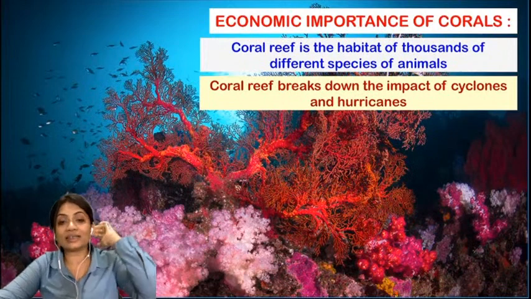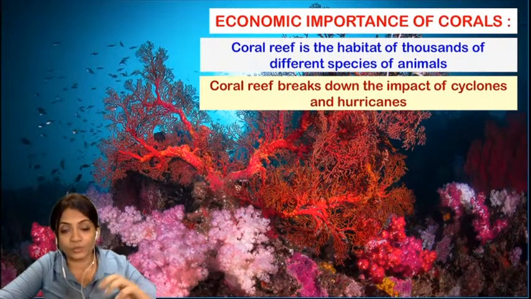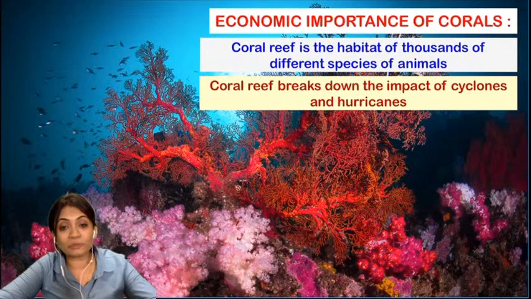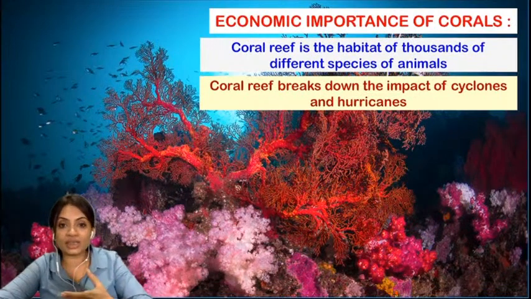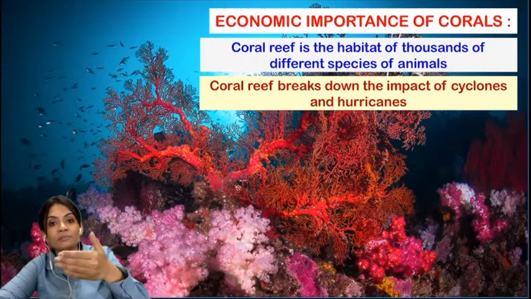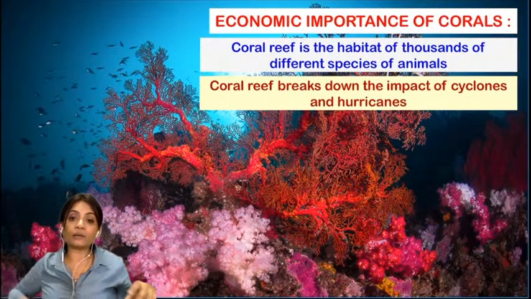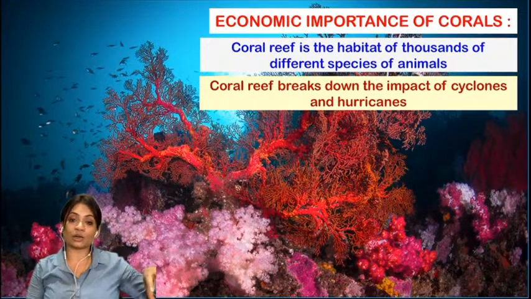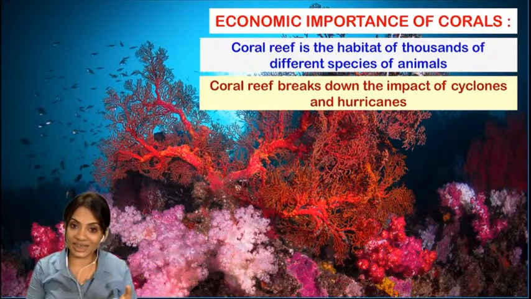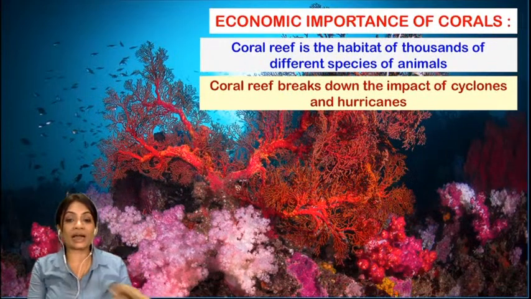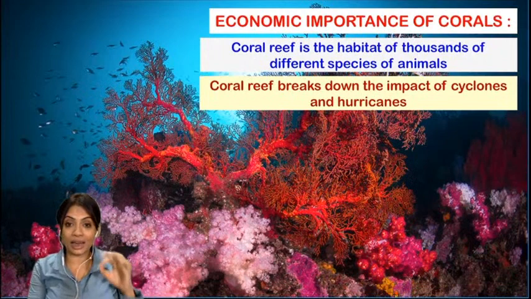When the currents are absorbed over there, it prevents damage to the seashore and the land area. Mumbai is a city surrounded by water on almost all sides, and these coral reefs are helping Mumbai stay alive big time.